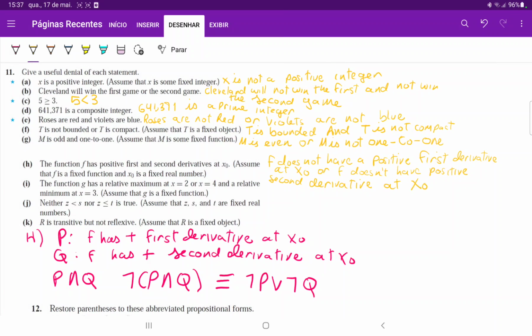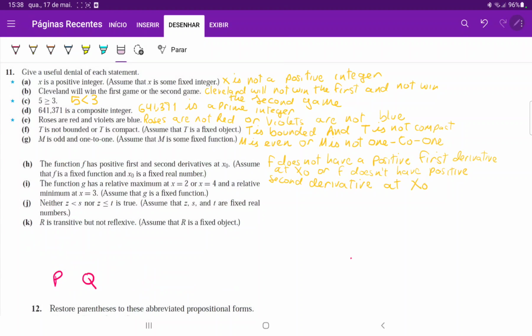I would be careful in assuming that saying f does not have a positive first derivative means that f has a negative first derivative, because there are some tricky implications here that we have to take care of, right?